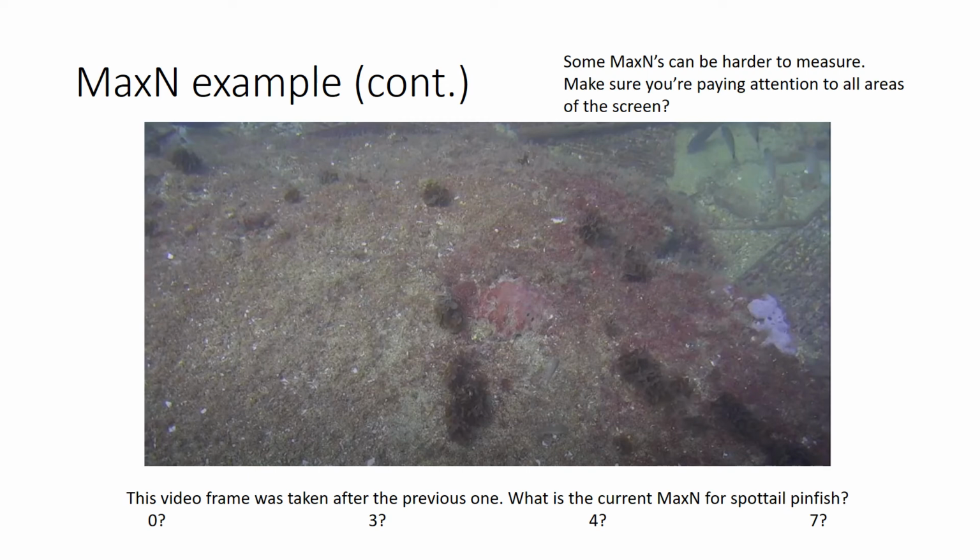All right, the correct answer is actually 4. So here are the 4 spot-tail pinfish that you can see. They are all in the upper right-hand corner. There's 1, 2, 3, and 4.